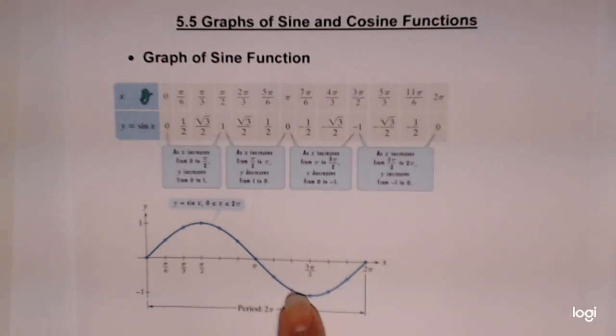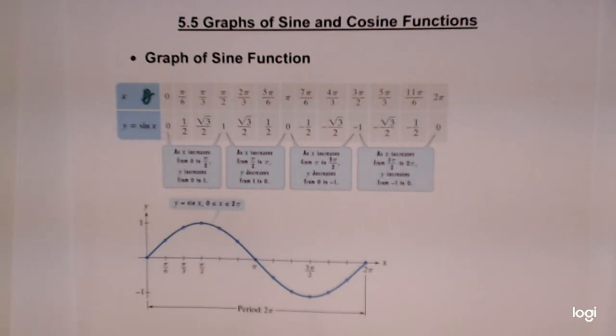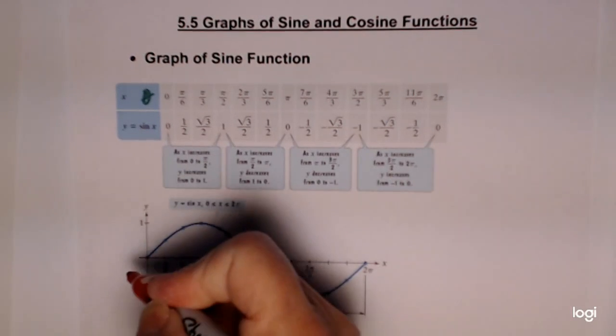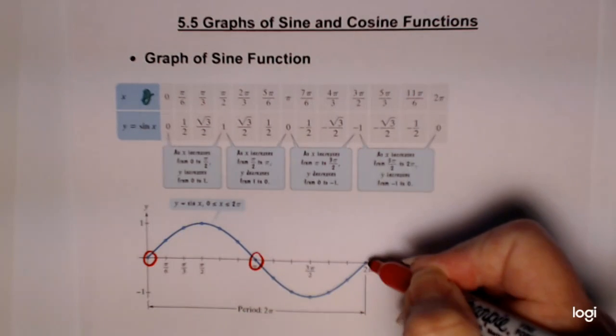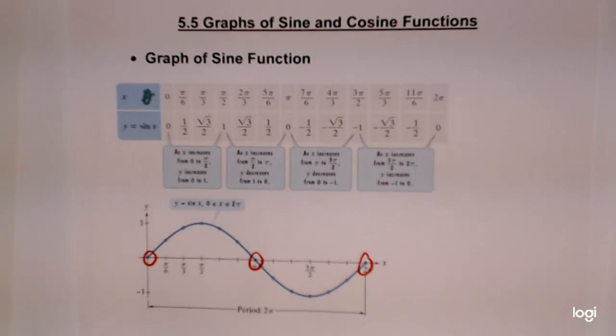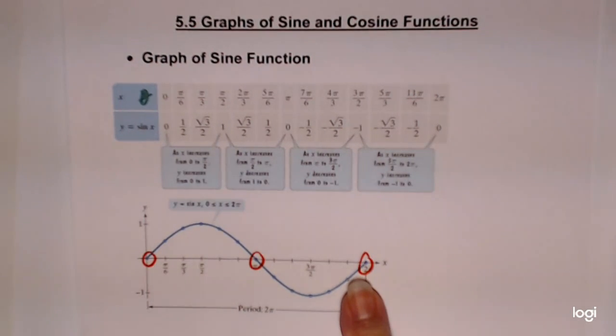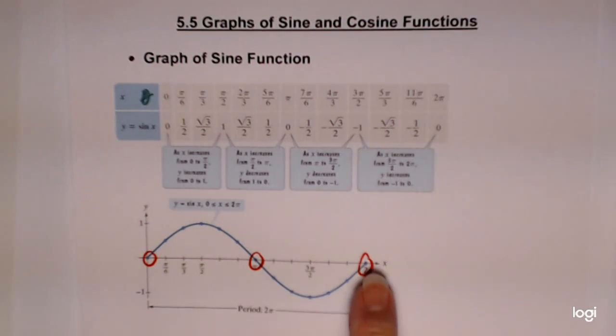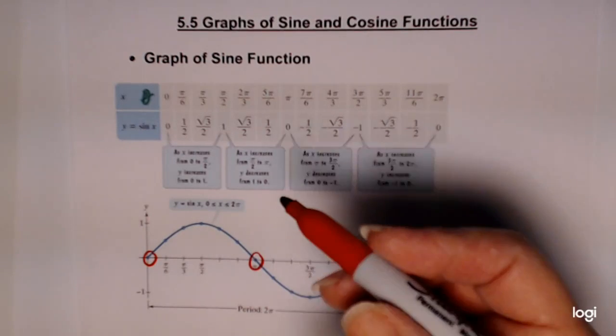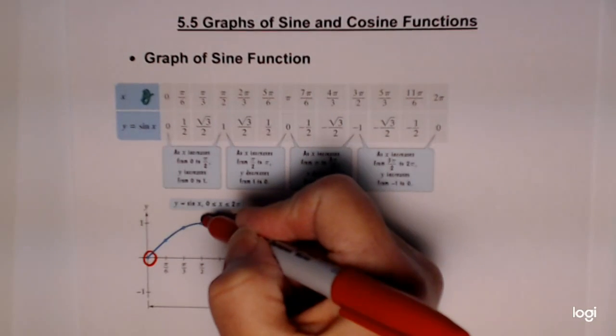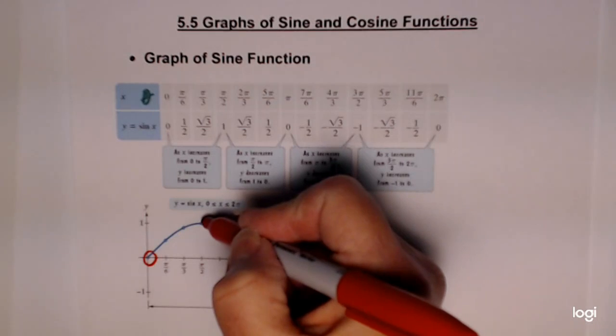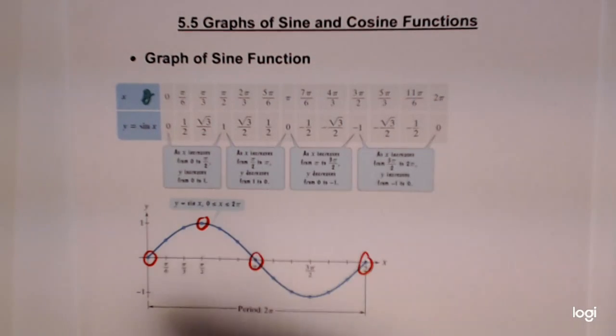So let's take a look at this graph here. There are what we're going to call 5 key points here, and these key points are our x-intercepts, which in the case of our sine function, we have 3 x-intercepts. So here are 1, 2, 3 of our key values. Then another key value is going to be at any maximum, relative max that we have, which in this case is 1 and occurs at pi over 2.